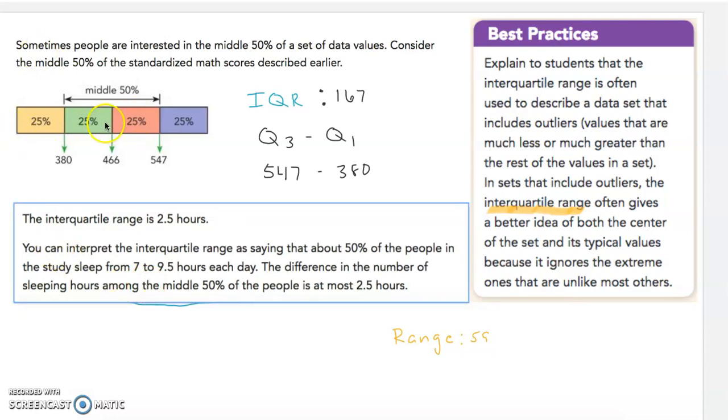Using this example of the standardized test scores, you could say the difference in the test scores among the middle 50% of the students is at most 167. So that's just how they're showing you how to interpret the interquartile range. That's it.